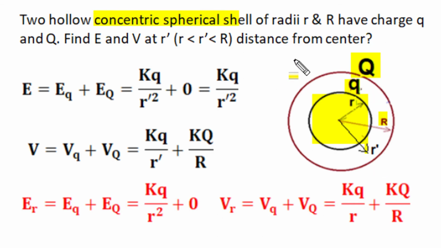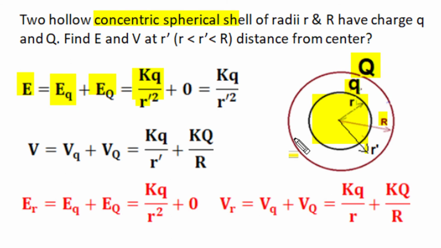We'll apply the superposition principle, and the resultant electric field is the electric field contribution by the inner spherical charge of small q and radius small r, and the electric field contribution of the outer spherical shell of capital Q charge. For this external position, this spherical charge of small q acts as a point charge at the center, and small q charge with distance of observation position from center r dash will produce electric field contribution kq upon r dash square.